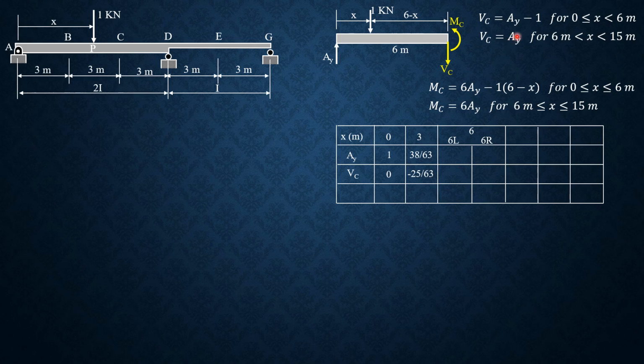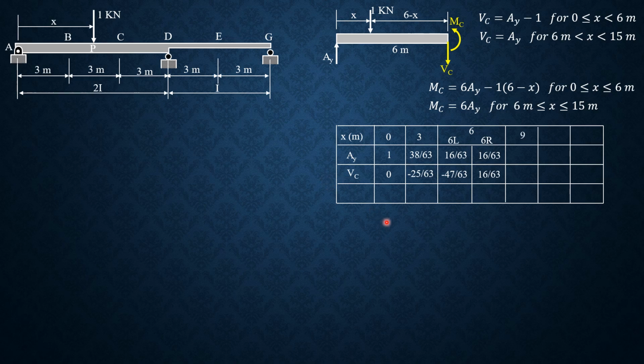Just to the left, this is the formula. Ay was 16 over 63. So 16 over 63 minus 1 is negative 47 over 63, just to the left. Then just to the right, this is now the applicable expression. So that's why just to the right, it's also 16 over 63 for V sub C.